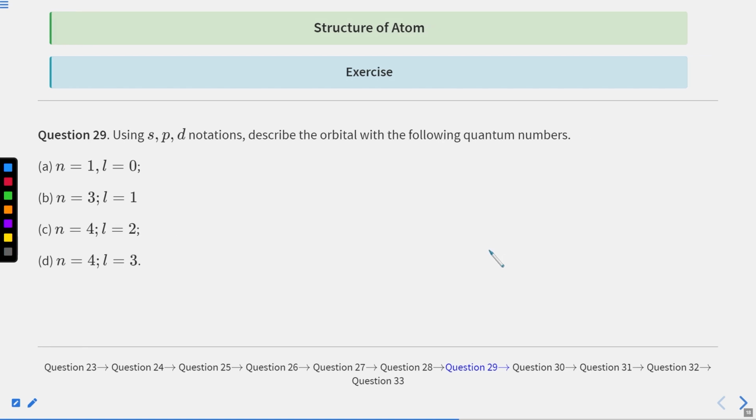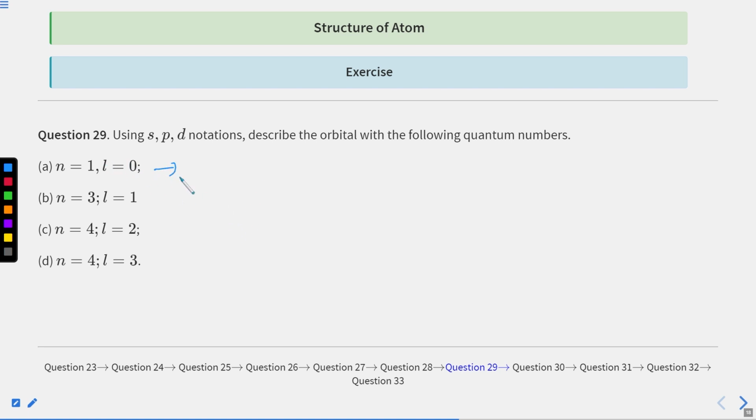Using spd notation, describe the orbital with the following quantum numbers. We have to use spd notation to describe the orbital with the following quantum numbers. Got it?